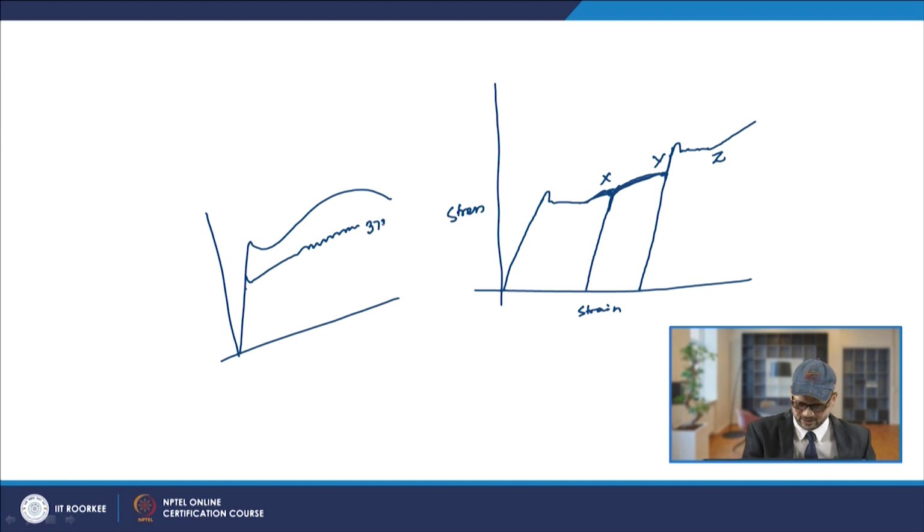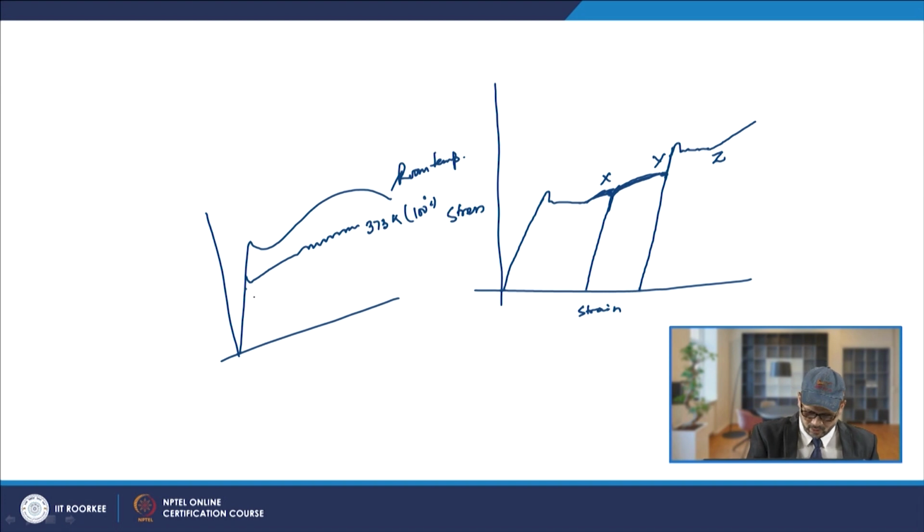This is at 373 Kelvin, that is 100 degrees centigrade. This is at room temperature. This is known as the Portevin-Le Chatelier effect, named after the scientists who discussed it.